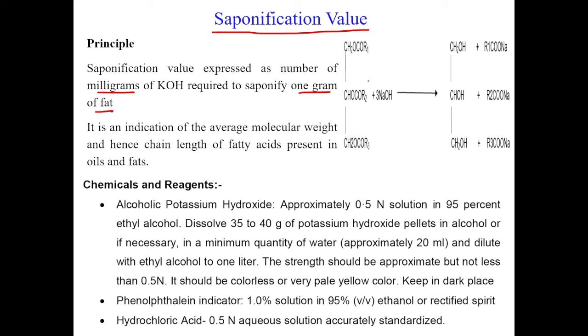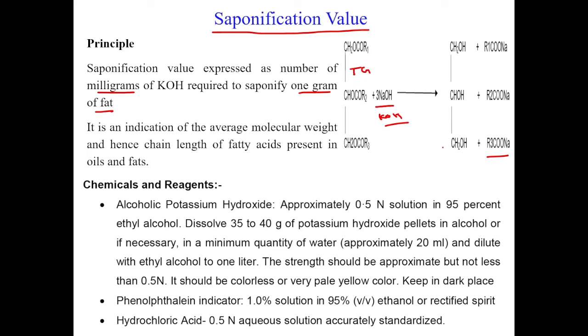So what do we mean by saponification? This is a triglyceride molecule. When a triglyceride molecule reacts with any alkali, say sodium hydroxide or potassium hydroxide, we will have glycerol and the sodium or potassium salts of the corresponding fatty acids, and these are called soap, and this reaction is known as saponification. Soaps are the sodium or potassium salts of long chain fatty acids.